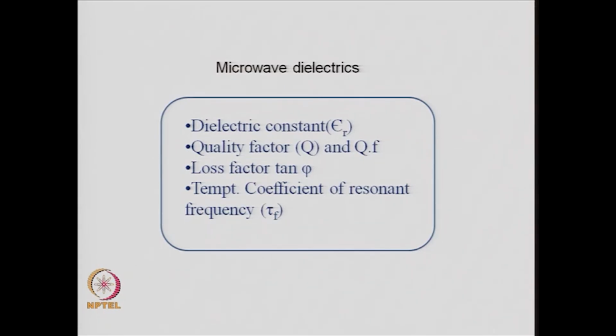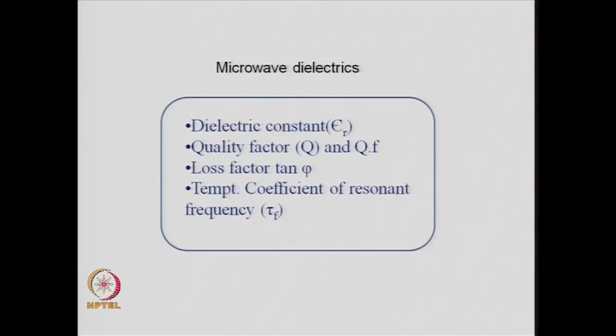As we just mentioned, the temperature coefficient of the resonant frequency should be close to 0. That means, if you vary the temperature, there should not be much change in the resonant frequency. So, these are some of the points for somebody to keep in mind when designing a new microwave dielectric material.